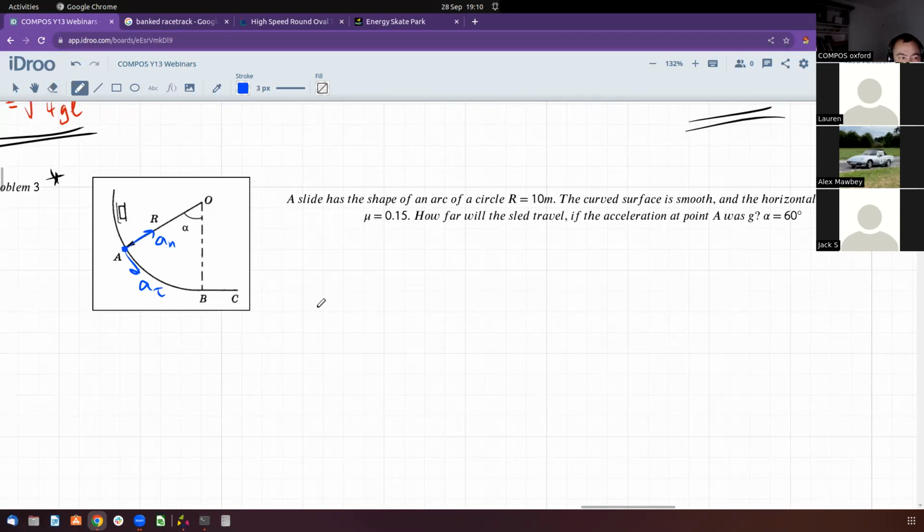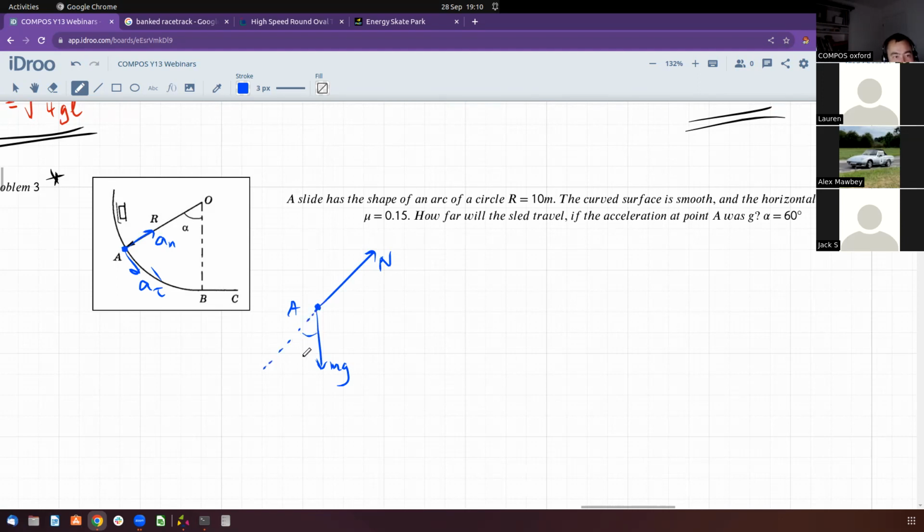Okay, so if you look at the forces at A, there's the gravitational force, which is down, mg. Then there's the normal reaction force, and there's no friction here. So these are the only two forces, and you can split them into components.